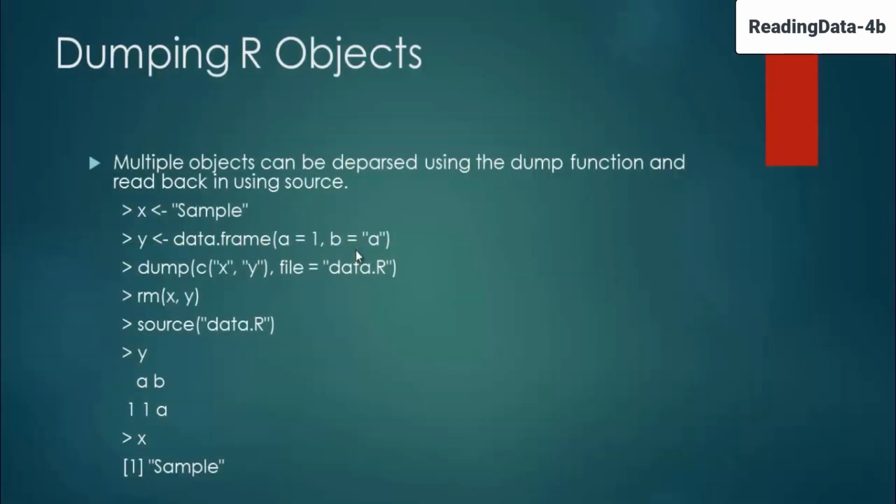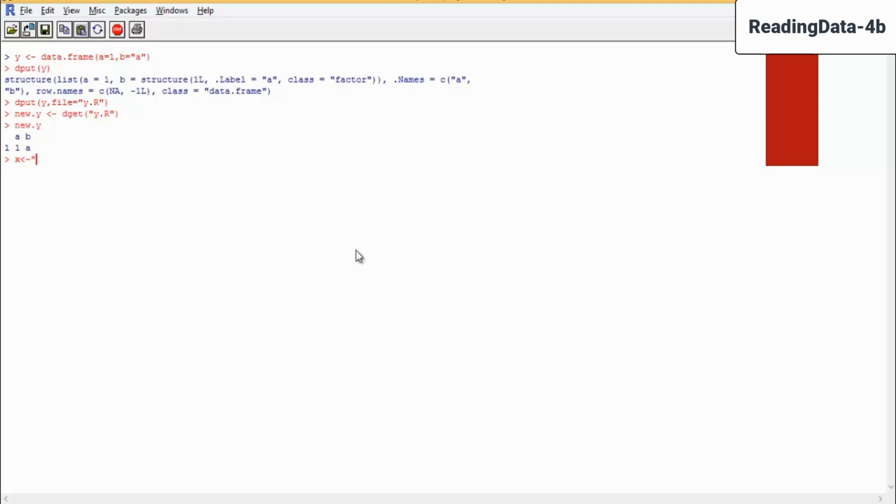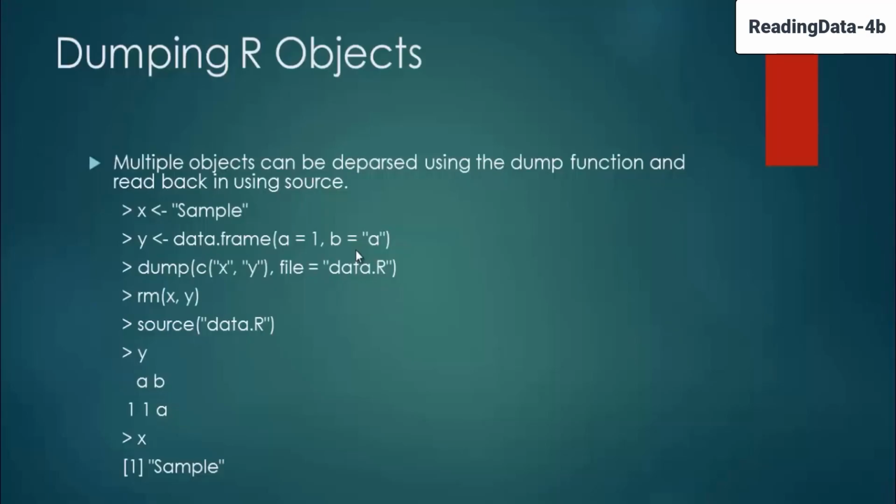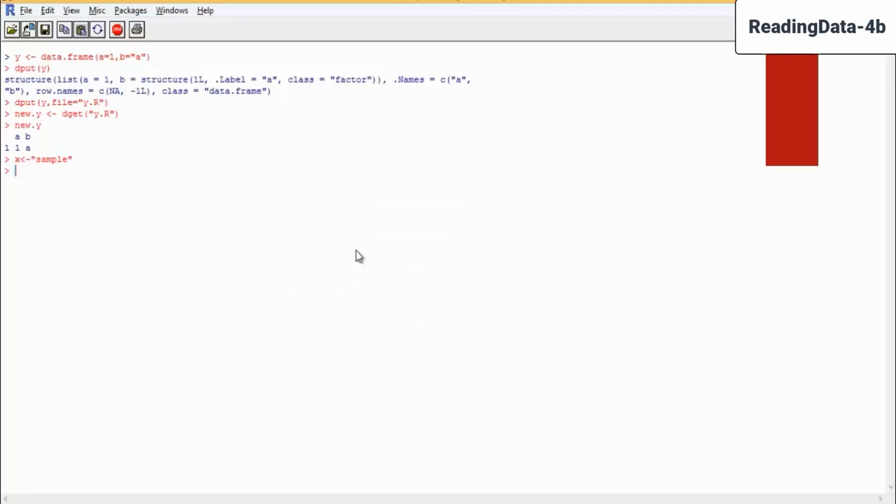Let's say you have a variable named x, which is "sample", and you have a data set y, which is the same as the data that we created earlier, a equal to 1, b equal to a.